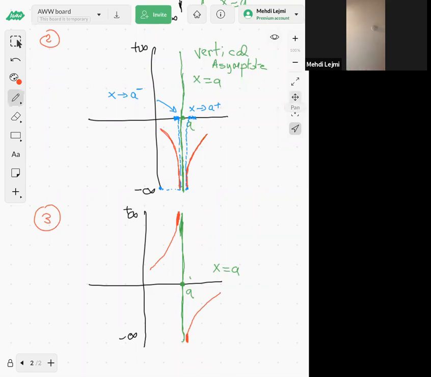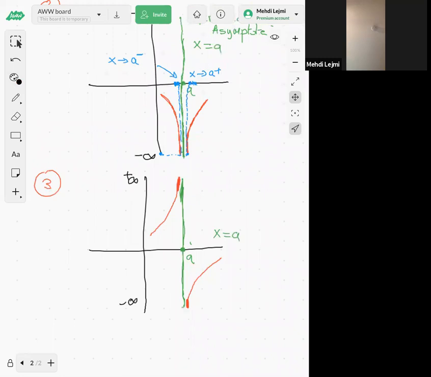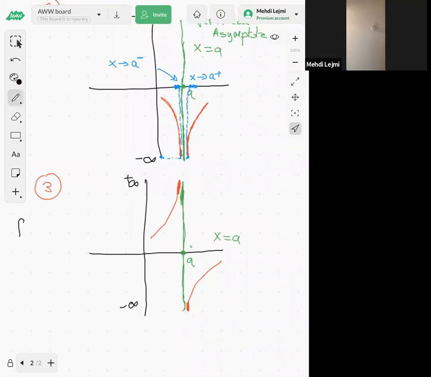Okay. And again, the idea, guys, is that your graph never touches the vertical asymptote. It gets as close as you want to the vertical asymptote, but it never touches it because your f of a is undefined. My f of a is undefined.